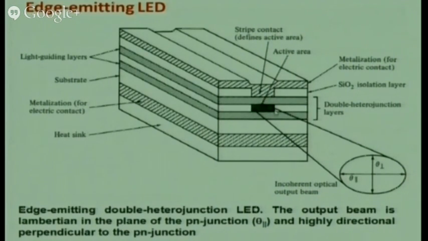Think of a situation that during the fabrication itself, I have created a strip like this, going along the active region. That means I am confining the cavity, building a cavity within the active region. It is the cavity which carries the modes, the wavelengths. Different wavelengths are excited from the cavity itself.